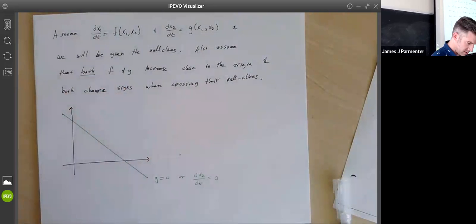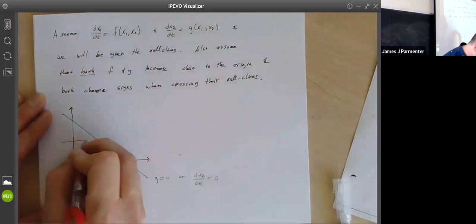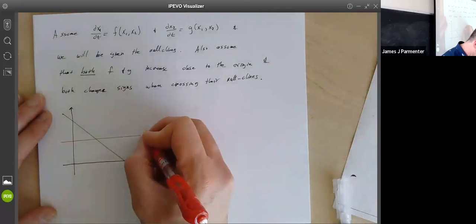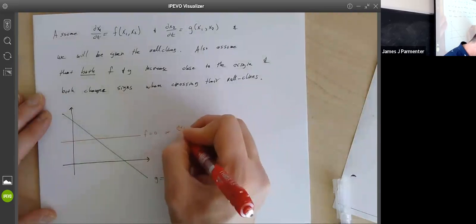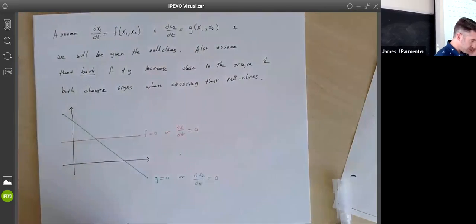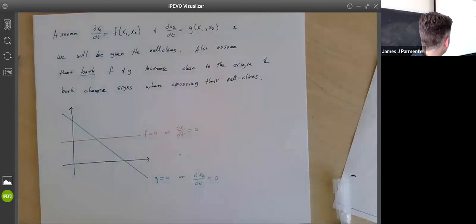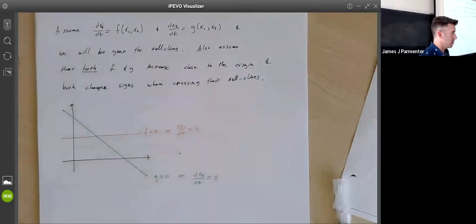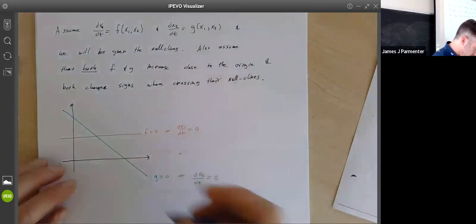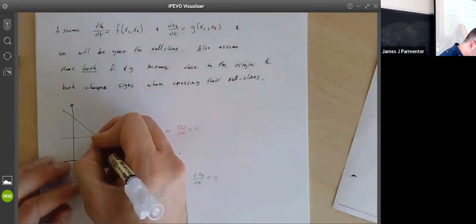And here is my, in red, so I think I might have switched colors on you guys, here is my F null line, or my dx1 dt equals 0. So given this, we want to try to determine the stability of that equilibrium, of that point right there.